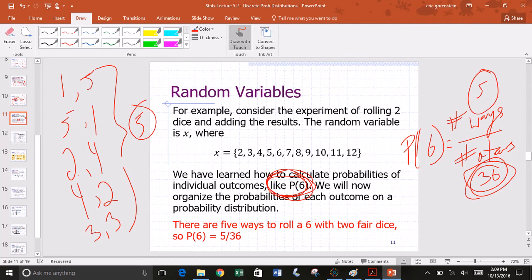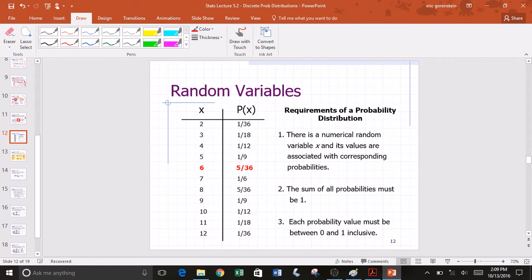Now, in the context of probability distributions, instead of looking at the probability of one specific event, we look at the probability of all possible outcomes. So over here, 6 is one of those outcomes. But this is the probability distribution, this table of values.